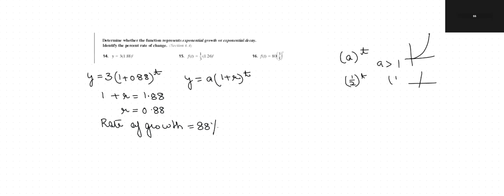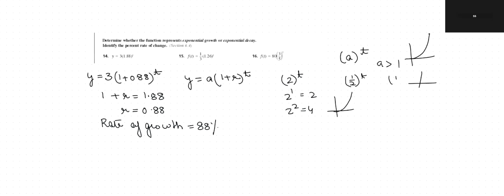So it's simple like that. Suppose this is 2, and time is increasing. What is 2 raised to power 1? 2. 2 raised to power 2? 4. So with every increase, this is increasing. So it is an exponential growth like this.